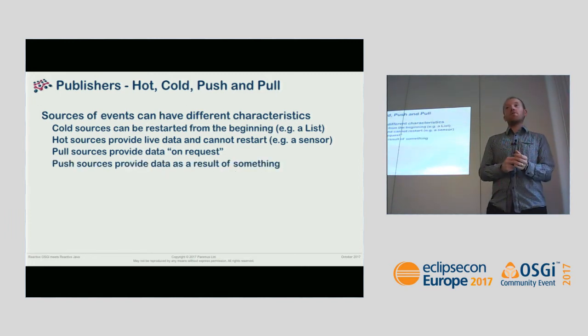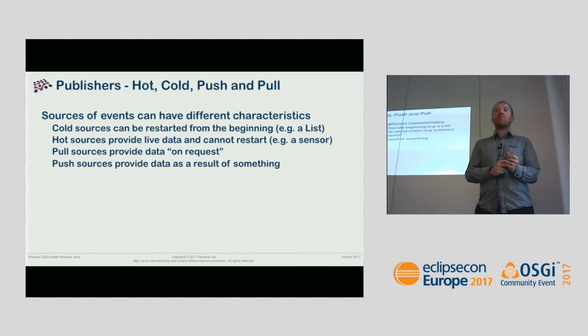A push source, on the other hand, is data that's happening as a result of something. So again, the OSGi train is going over a tag, it's reading that RFID tag, and it's sending that data because it's happening as a result of the train moving. That is a push event. You can't say, give me an event now, because there may not be a tag there, it doesn't know. It will just tell you when it encounters a tag.